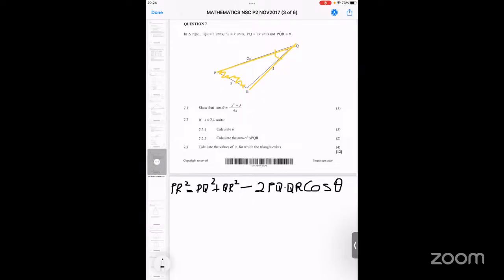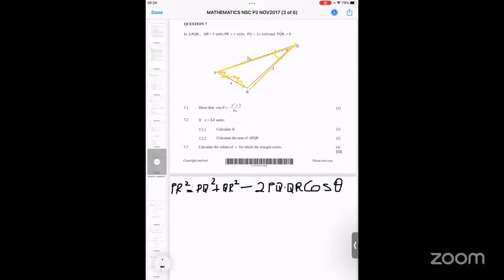I'm hoping that you guys are able to notice that this is indeed the formula that we use when applying the cosine rule.